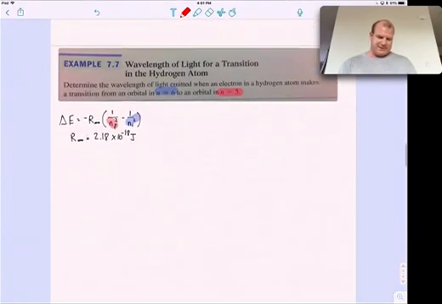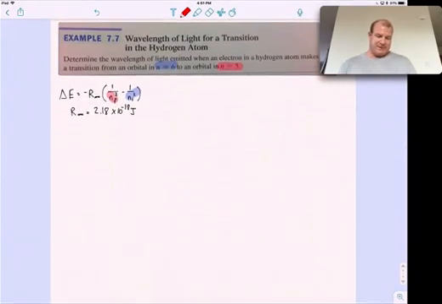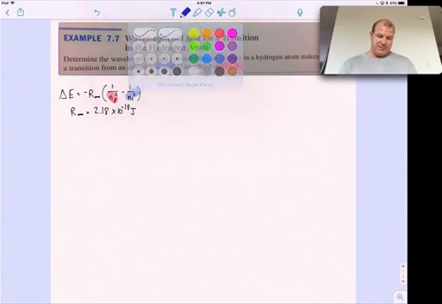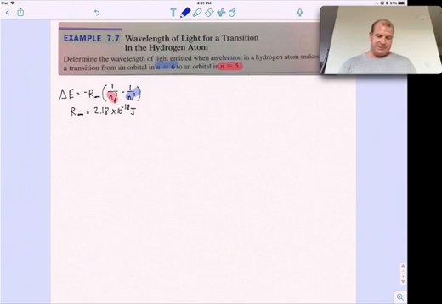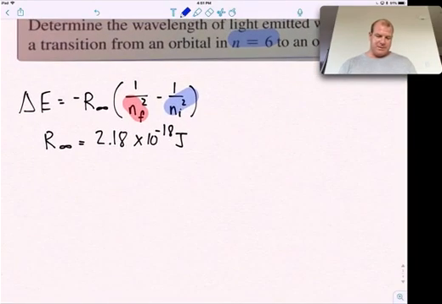But let's look at this and we'll calculate some things out. Determine the wavelength of light emitted when we have a transition from the n equals 6 to the n equals 5 orbital. So using this equation here, the change in energy, and if you remember we had the En equation, delta En is just E final minus E initial.